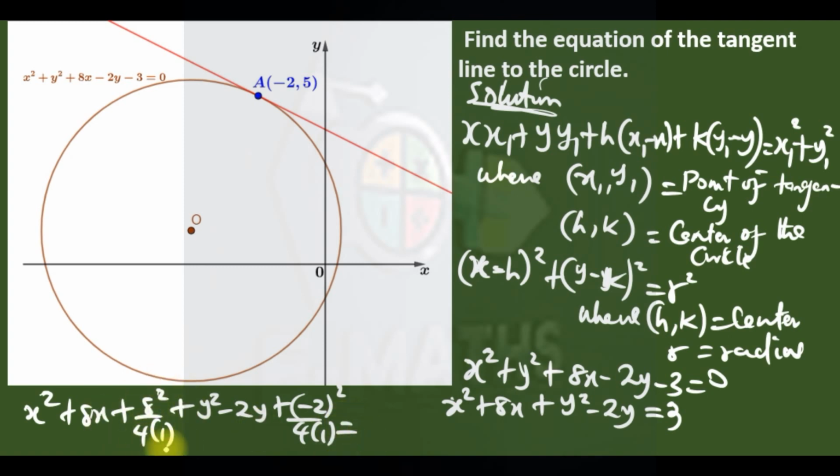So I've added this and I've added this, so we need to add them to the right hand side also. So I've added 64 over 4, which is 16, and this 4 over 4, which is 1. So let's continue on another page.